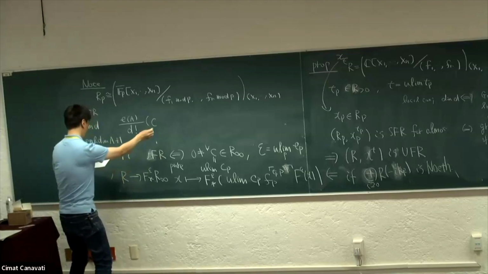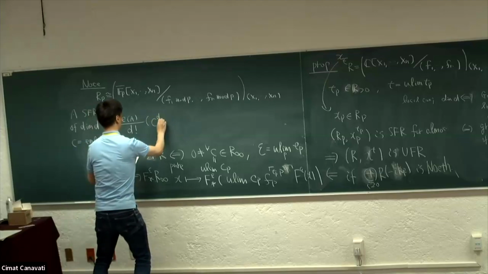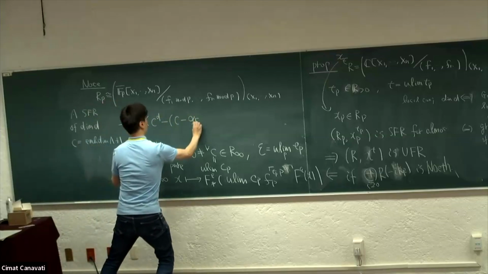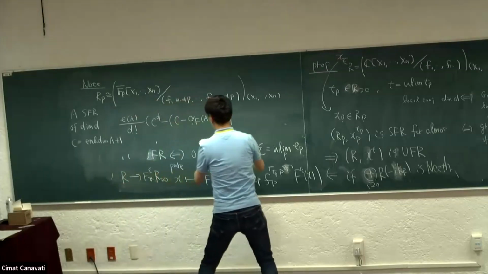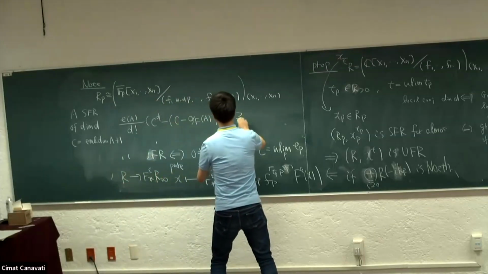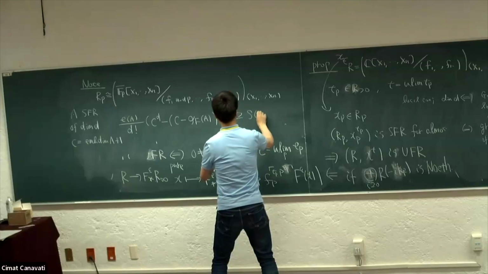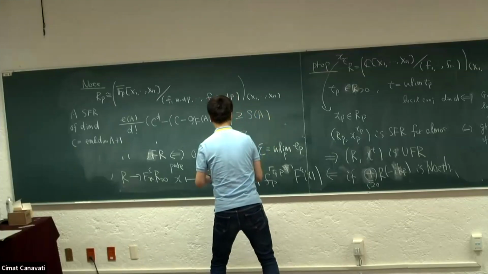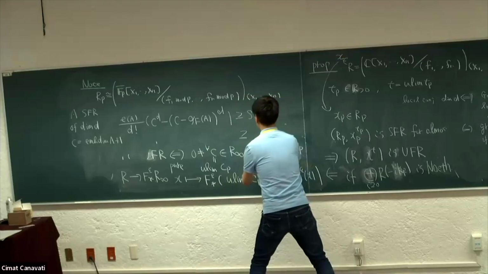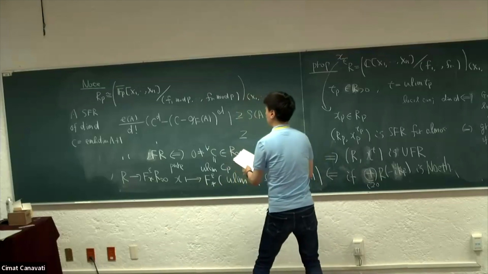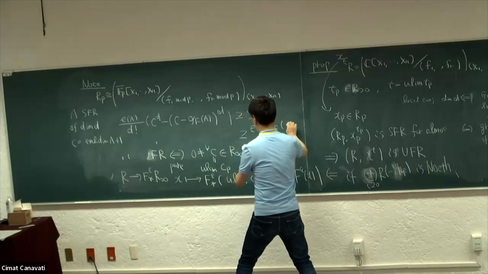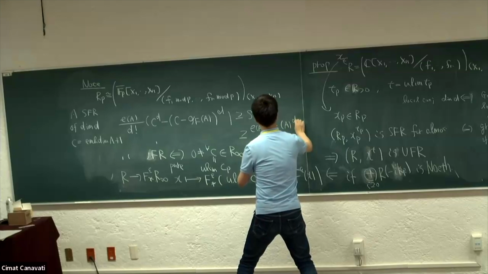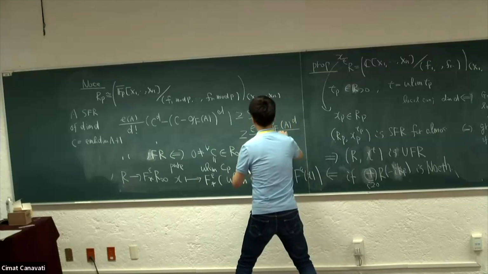Then we have the following inequality: this is greater than or equal to the F-signature of A, and the F-signature of A is greater than or equal to the multiplicity of A times the alpha invariant of A to the d divided by d factorial.